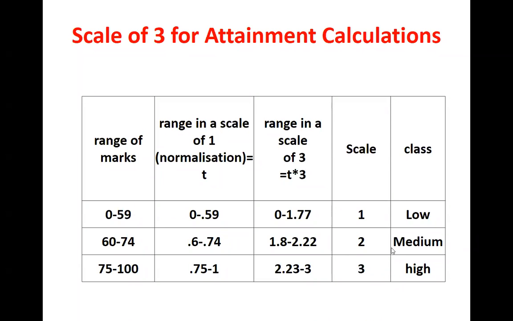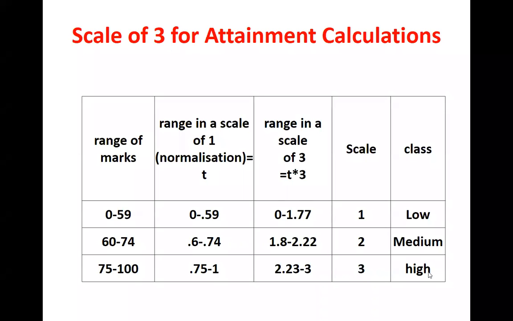I have set the first range, 0 to 59, as low. Now this is at our discretion; the institution can define the range for low. I have taken it as 0 to 59. 60 to 74 I have taken as the medium value, and 75 to 100 I have taken as the high value.